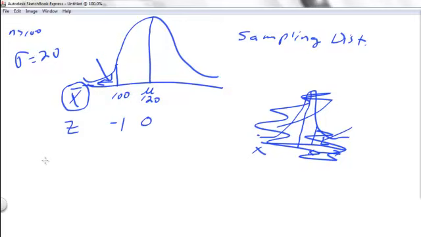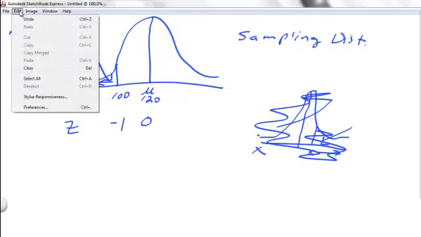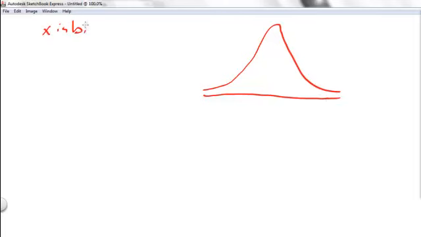Okay, so let's do an example with this, except instead of using x as a continuous variable, let's assume it's binary. So here we go. Let's assume that we've got a normally distributed sampling distribution of proportions for a variable x that is binary.